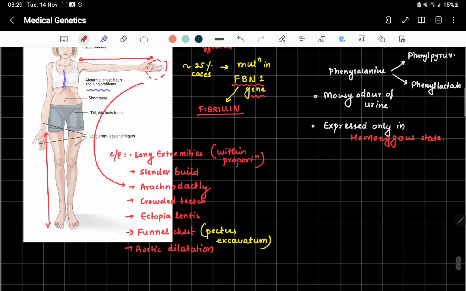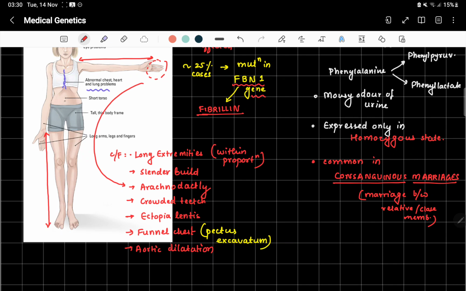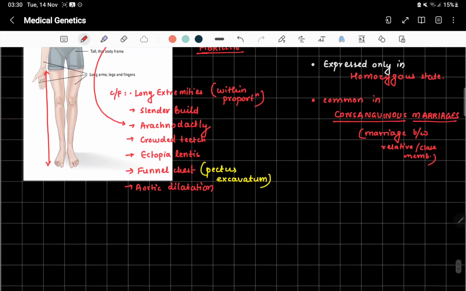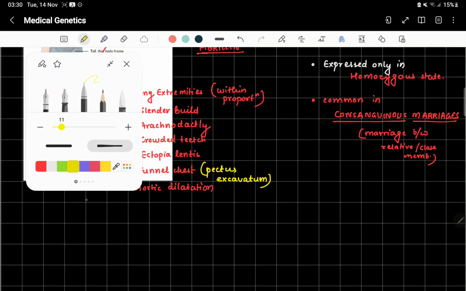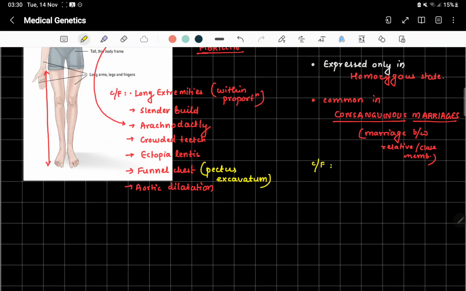It is common in consanguineous marriages, which are marriages between relatives, close members of your family. As for clinical features, phenylketonuria has a host of clinical features in biochemistry.